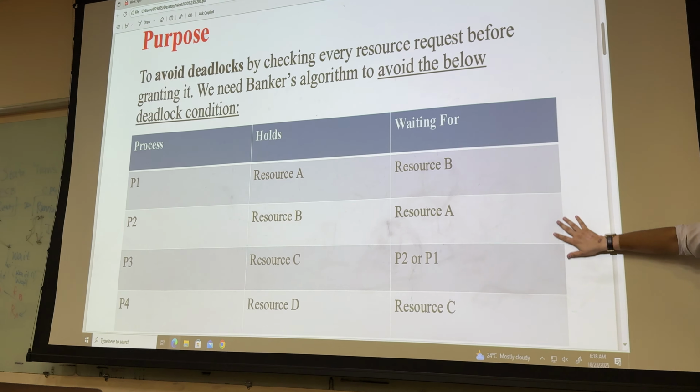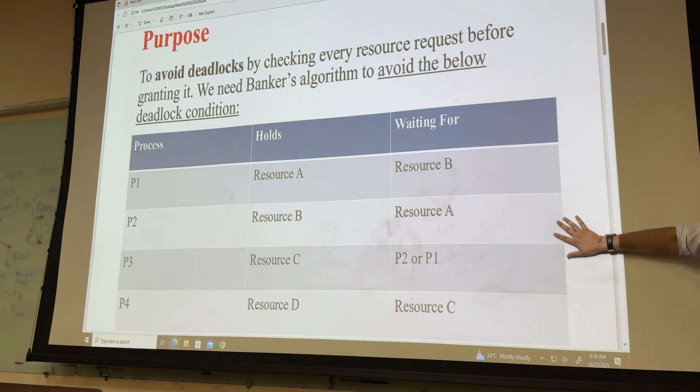So we have 0 1 0, 2 0 0, 3 0 2, 2 1 1, 0 0 2.